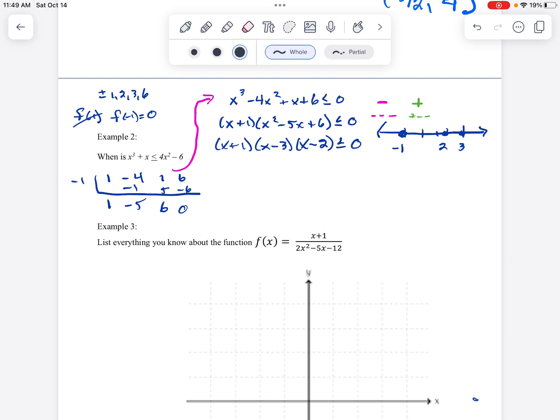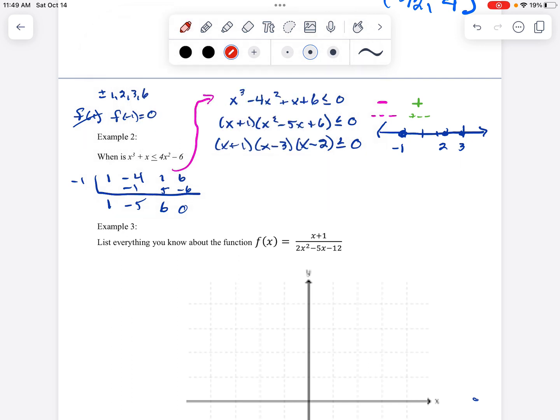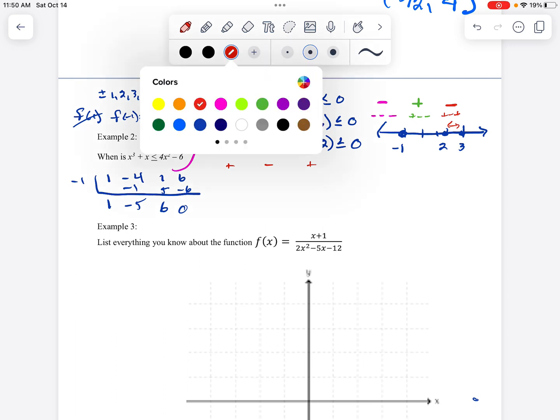Now let's do another interval from 2 to 3. From 2 to 3, if I plug in a number in between 2 and 3, I'm going to have a positive, a negative, and a positive. That's going to give me a negative overall when you multiply them.